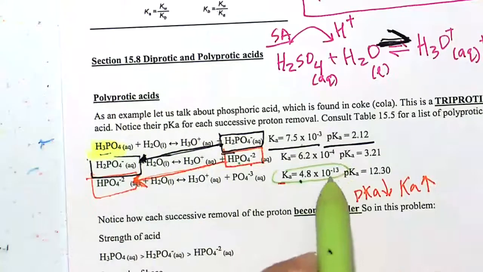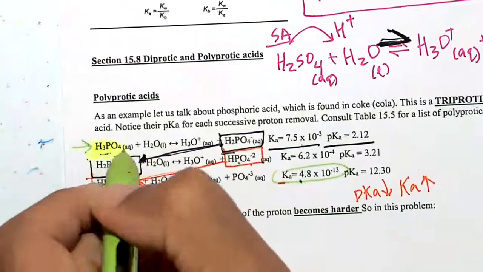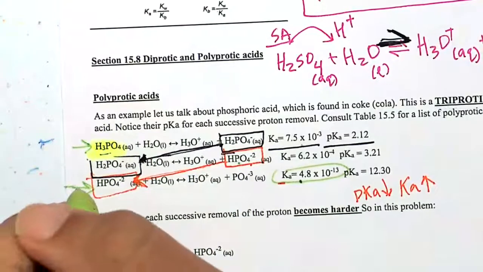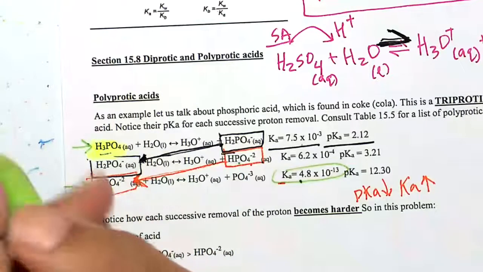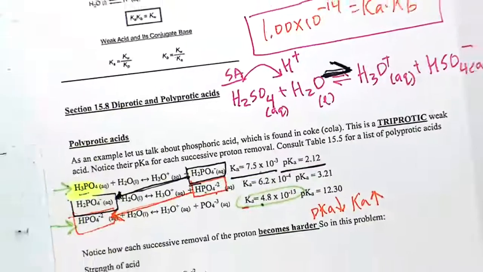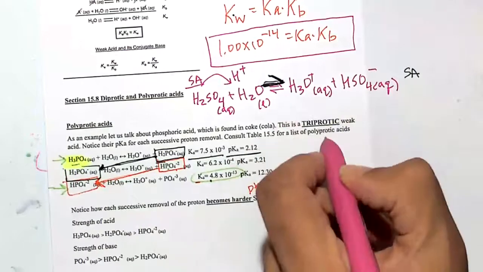So this is the trend. The best acid is H3PO4, phosphoric acid. The weakest acid is HPO4 2 minus. The first proton is acidic and subsequent protons are less acidic. Let's write that down.